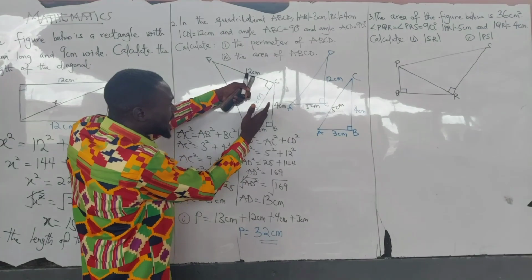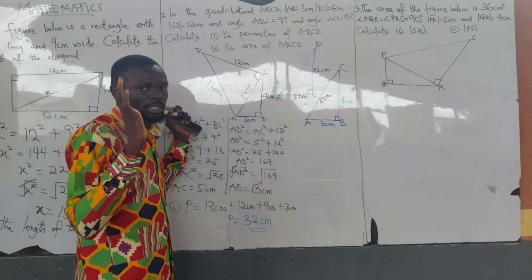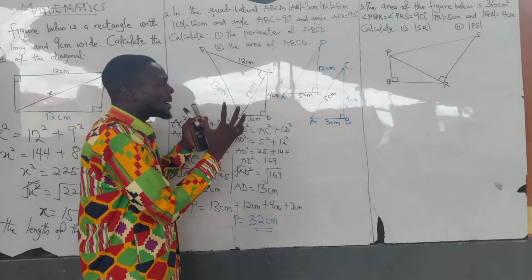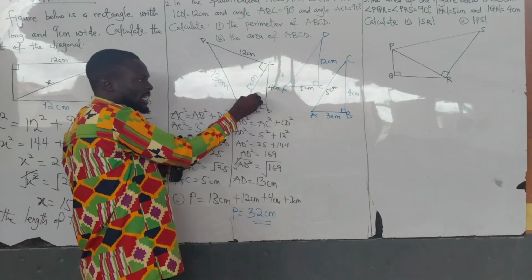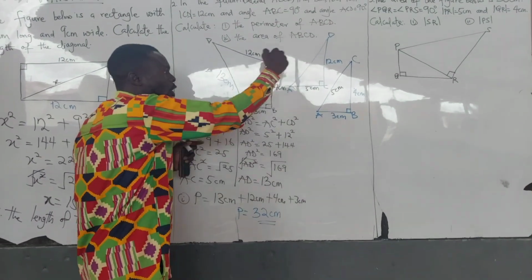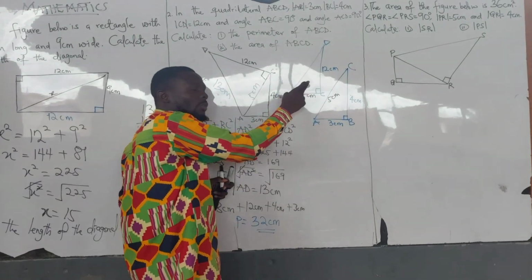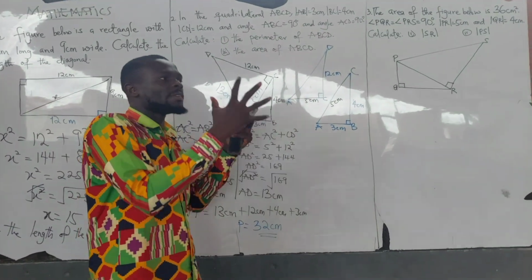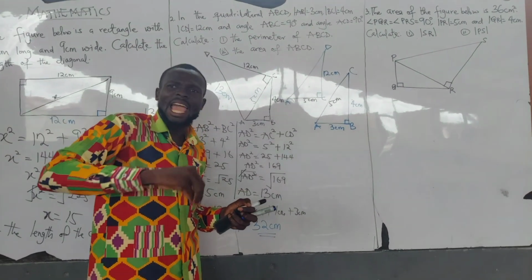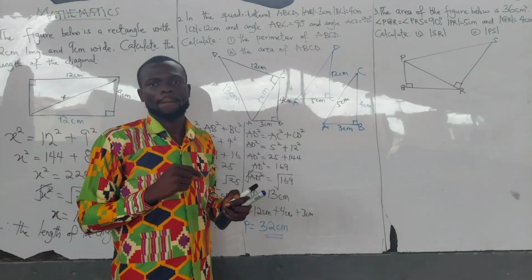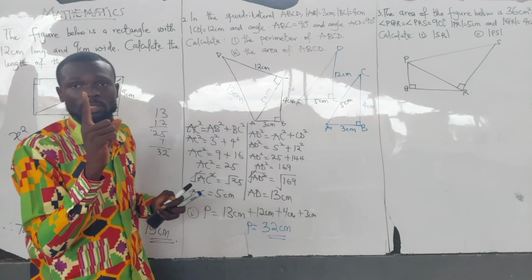Here you can see they've not removed any portion of this triangle, but rather they've added this to this, giving you a quadrilateral, a four-sided figure. Whatever we get becomes the area of the figure. You should take very important note of this.